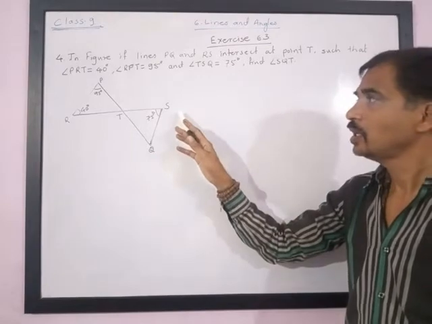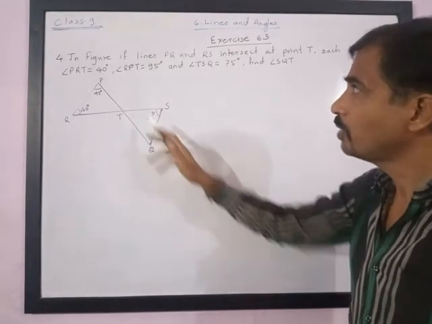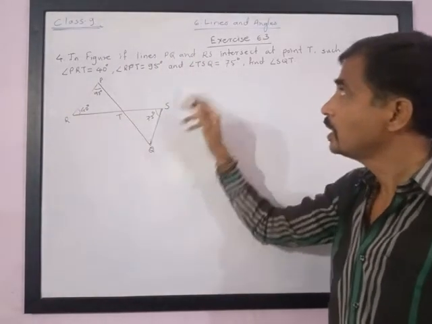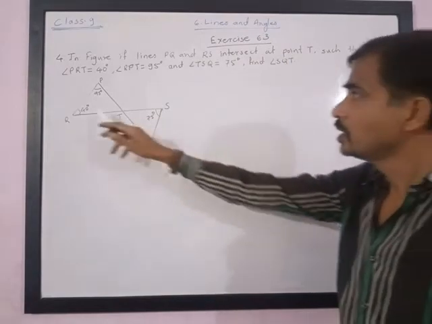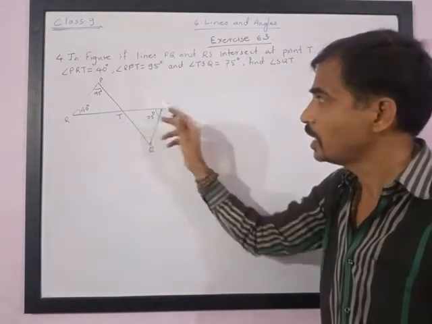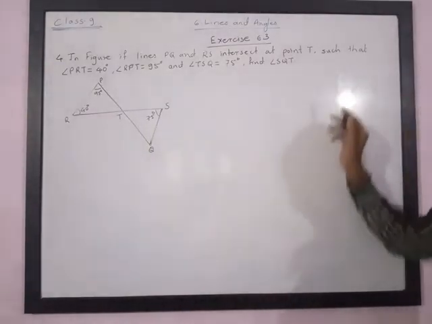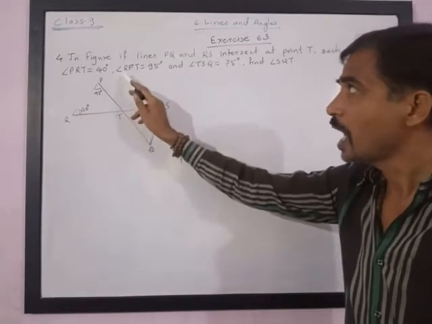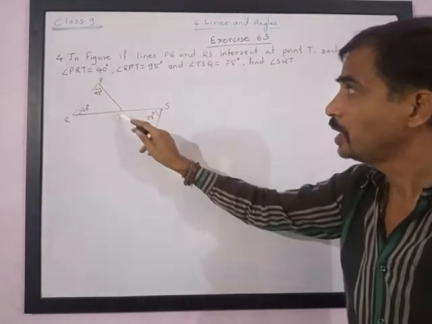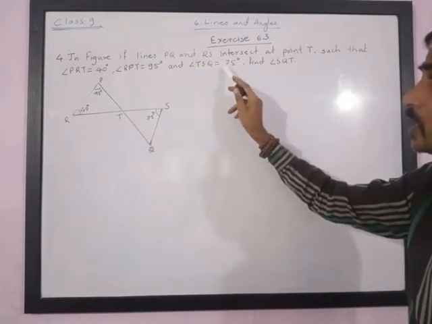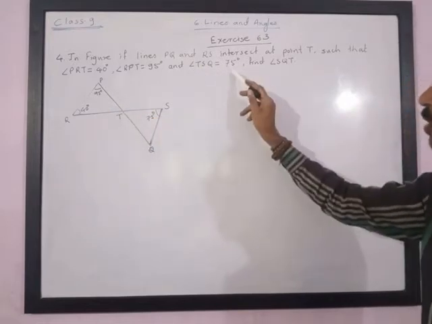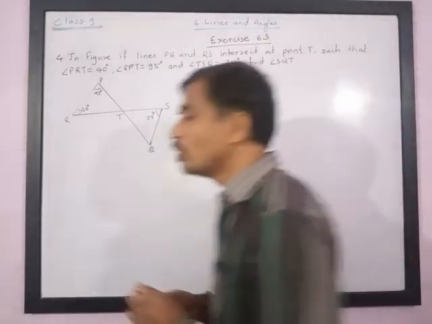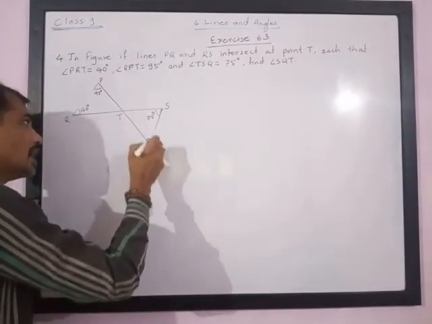Now see, in question number 4 we are given that in a figure, lines PQ and RS intersect at point T, such that angle PRT is 40 degrees, angle RPT is 95 degrees, angle TSQ is 75 degrees, and we are asked to find angle SQT. This angle is asked to find.